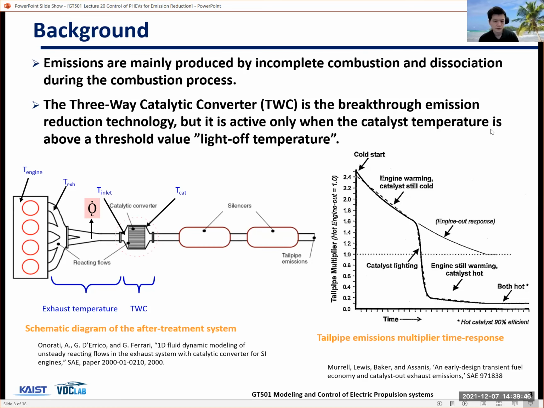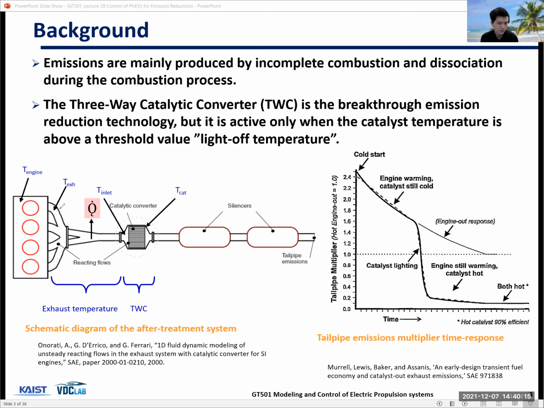So this is a very important slide for you to understand how tailpipe emissions are created or generated.